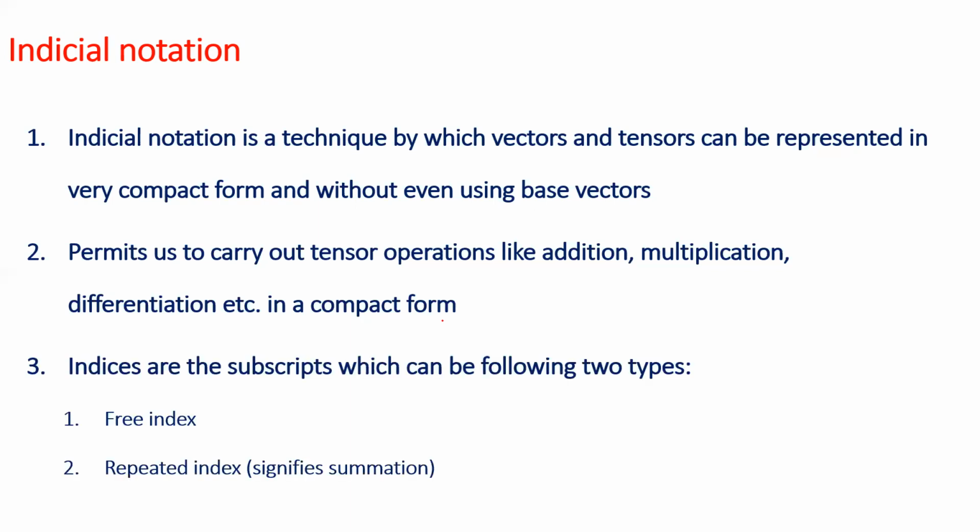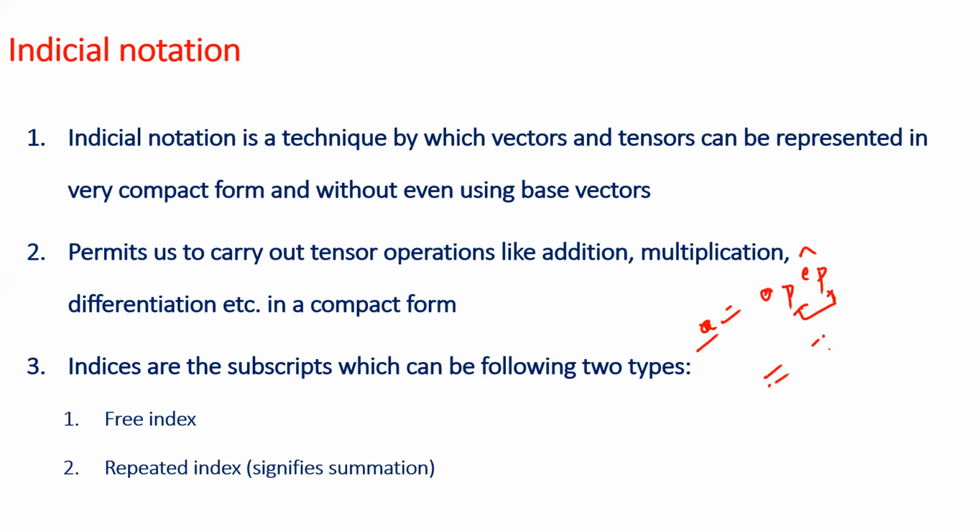And primarily in indices, there are two kinds of indices. One is the free index and the other is the repeated index. Just like in the previous slide, when we have written vector A as A_p e_p, p is the repeating entity. So this is the repeating index. This signifies summation.